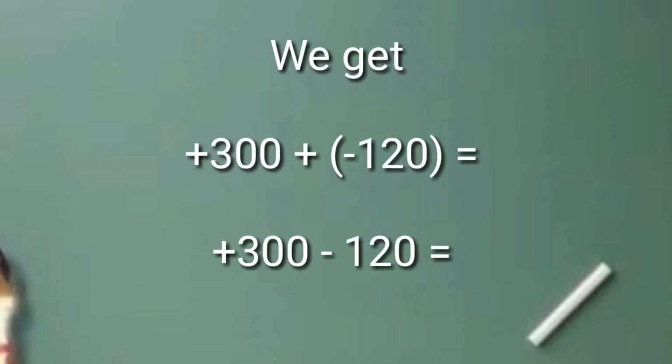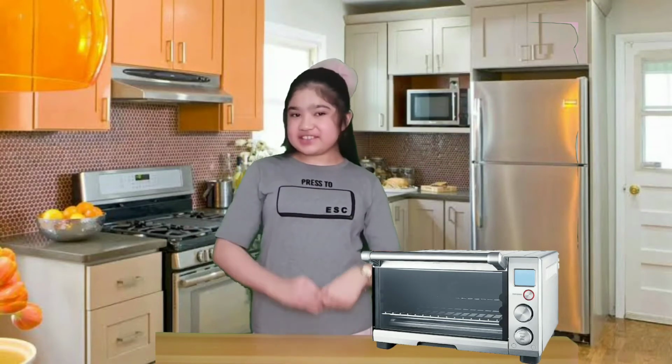We get positive 300 plus negative 120 equals positive 300 minus 120 equals 180. The temperature of the baking oven after 10 minutes is 180 degrees Celsius. It's baking time!